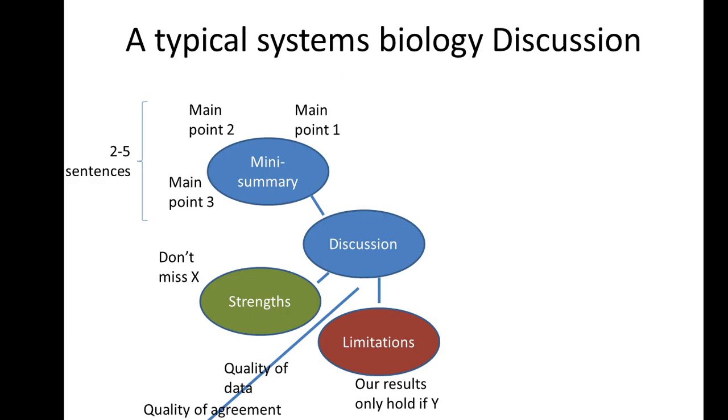And the same with the agreement between the model and the data. Some aspects of the agreement are typically good and that you shouldn't miss. And some parts of the agreement are not so good. And then you might say that, well, our results depend on this being good enough, for instance. Or maybe you simply say that this is a weakness of the model and we will take it up in future work.